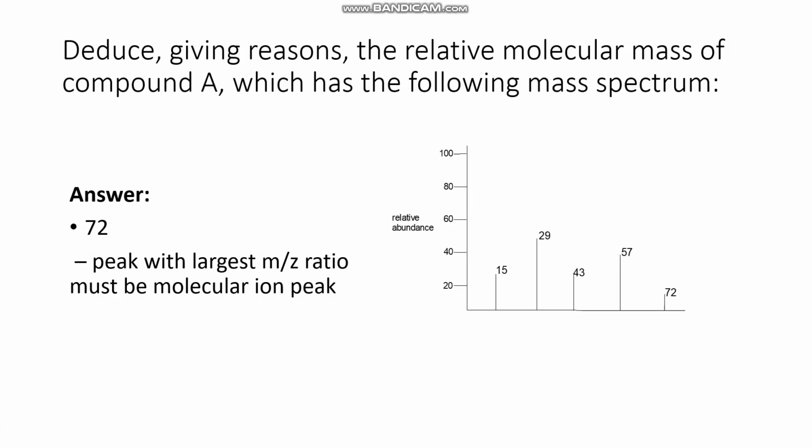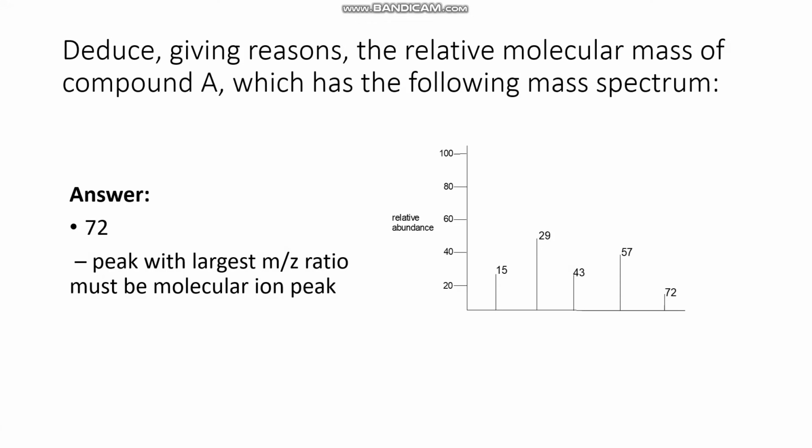Please pause the video and try to understand the question by yourself. The answer to this question is 72, and we need to bear in mind always that the relative molecular mass of the compound is given by the last peak in the mass spectral diagram.